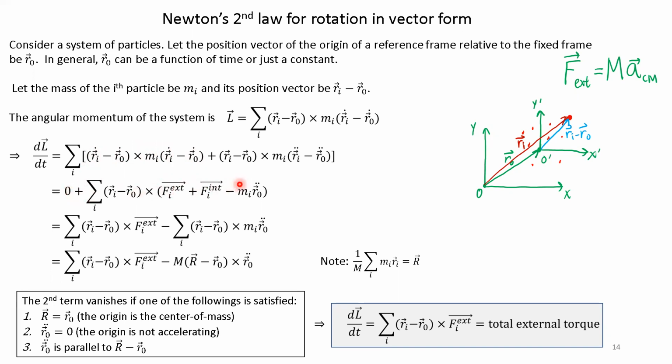And then next, this Mi Ri double dot is the acceleration of the i particle, and that must be equal to the net force acting on that particle. So that must be the F external i plus the F internal i.